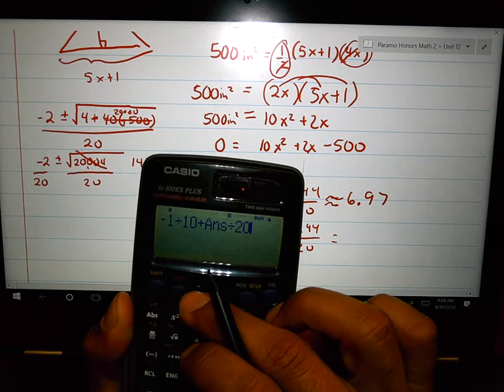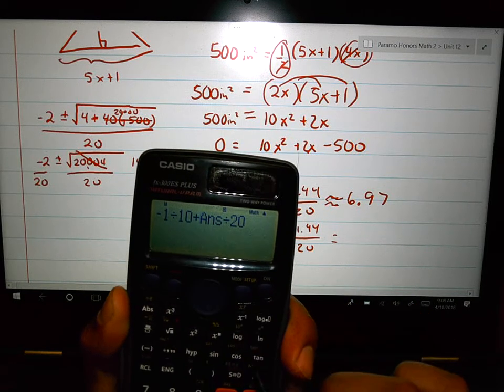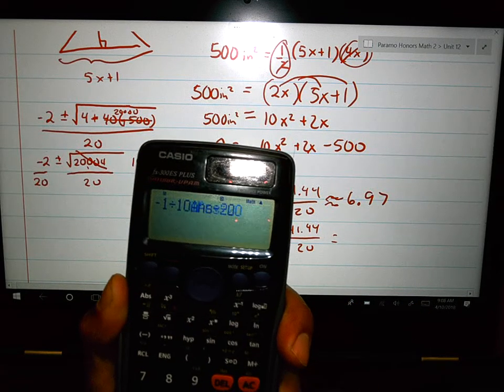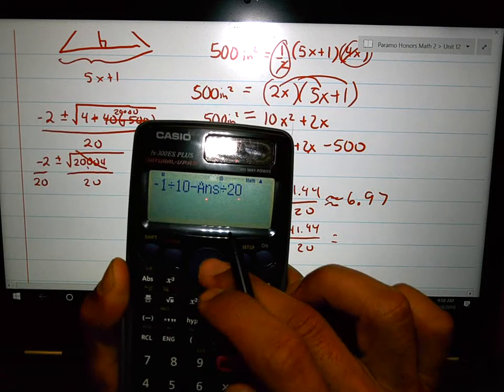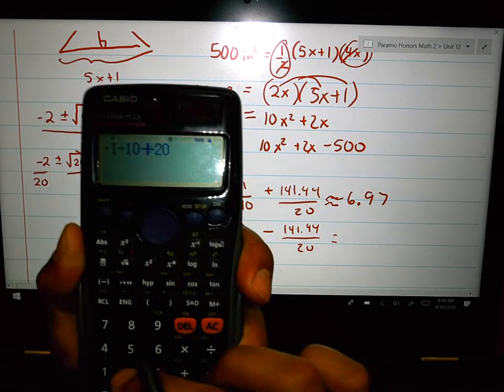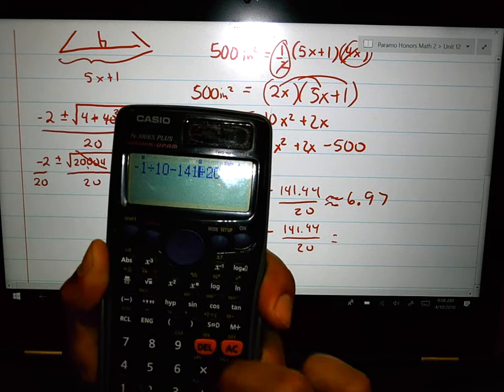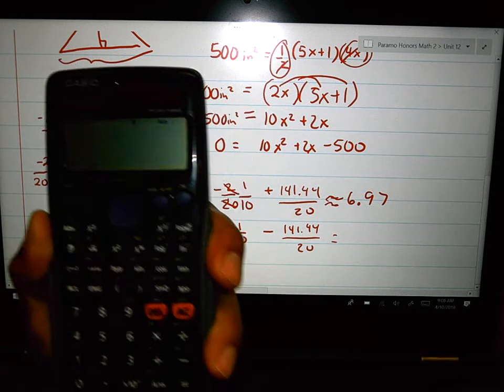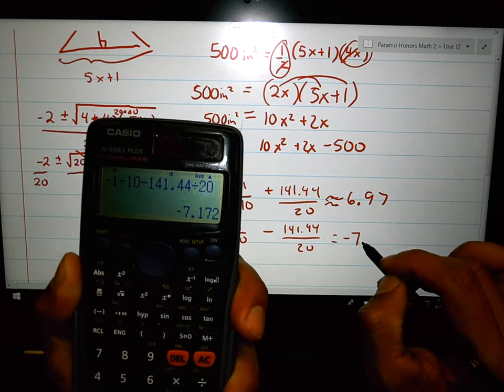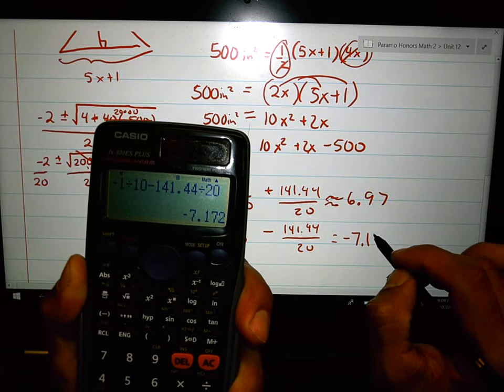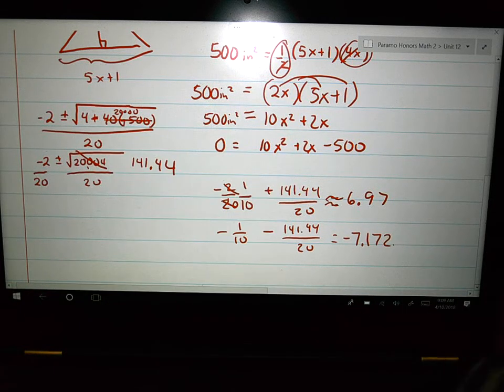Let me do this again. Minus, 141.44, which is about negative 7.17. Now I have my two possibilities.